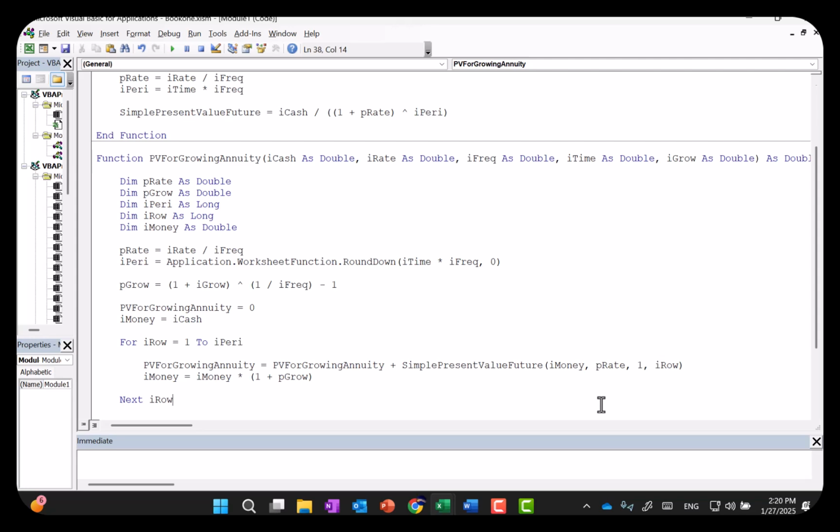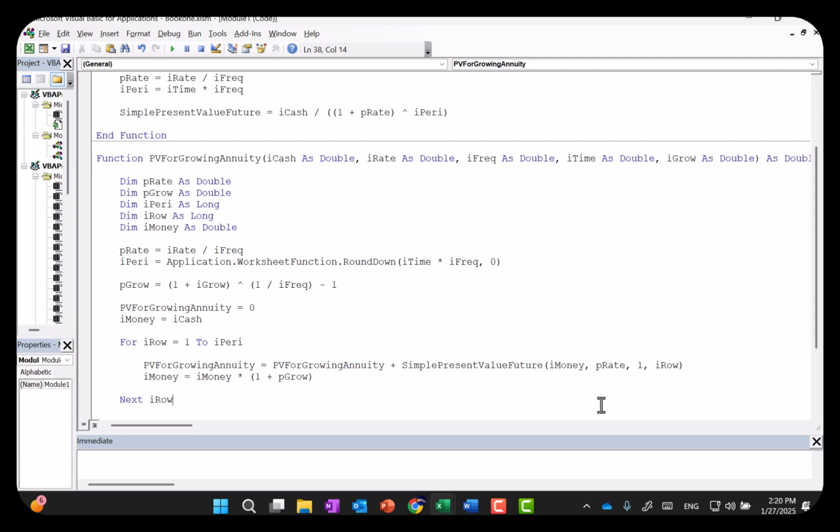So think of it this way. Let's say iCash is 100, and for the sake of argument, let's assume growth rate is 12%. Monthly growth rate is 1%, whatever the annual growth is. First time I go into the loop, iRow is 1. So here I already know that iMoney is 100. pRate is whatever it is.